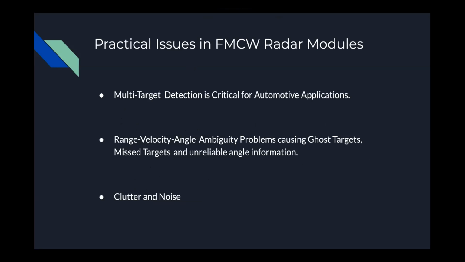For multi-target detection, there is a range velocity angle ambiguity problem, which we will discuss in the next slides, which will cause ghost targets, missed targets, and some unreliable angle information. Another obvious practical issue is the clutter and noise present.